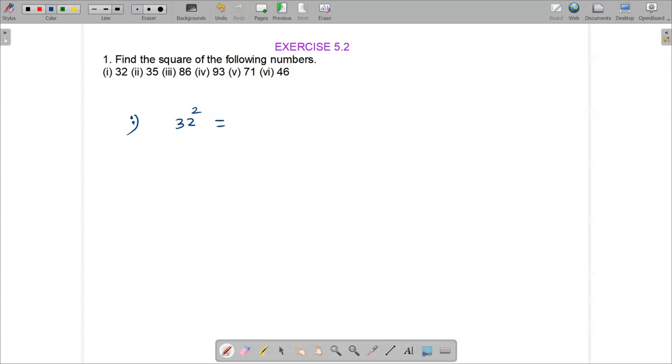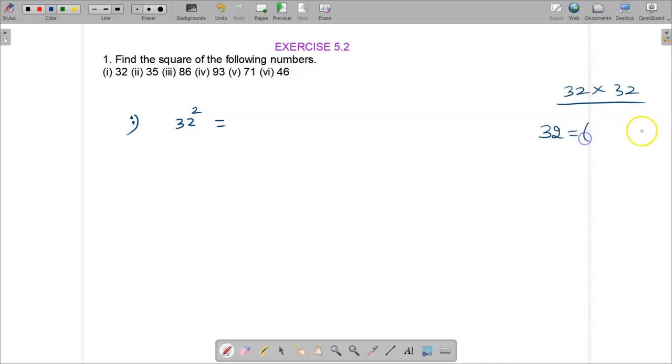The easy way to find the square of a number is actual multiplication, multiplying these two terms. But here we are going to do it without actual multiplication. For that, first write 32 as a sum of two numbers.